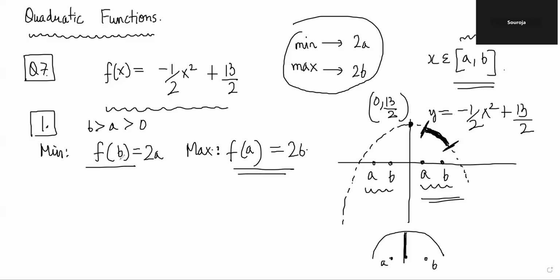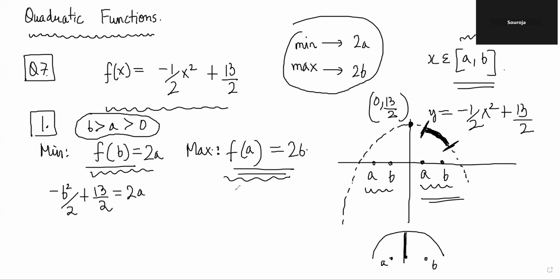So now we will try to solve these two equations and find a and b, and hope that this satisfies the condition that we have taken in this case. Because in our case, we have said both are positive and a is less than b. So if you put f of b here, you will get minus b square by 2 plus 13 by 2 is equal to 2a. And here you get minus a square by 2 plus 13 by 2 is equal to 2b, right?